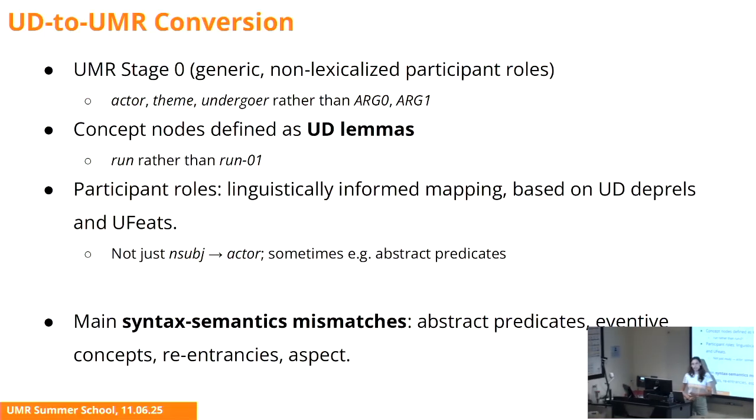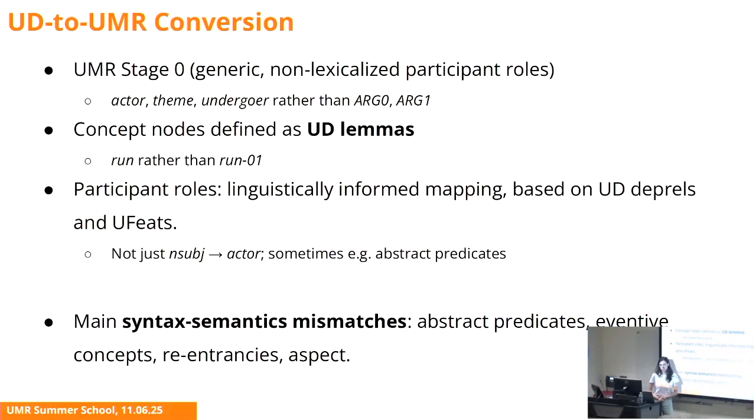Most importantly, this conversion is not language specific, which means that we cannot rely on external resources that provide predicate argument structure, which implies that we're rather targeting stage 0 notation. If you remember, Julia introduced stage 0 and stage 1.